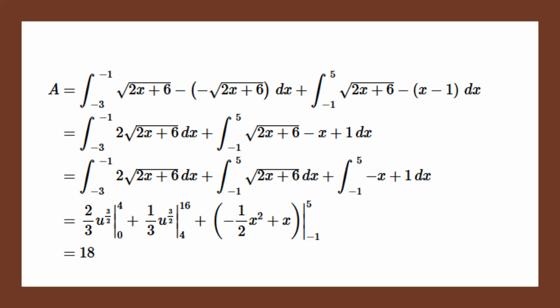So if you are integrating with respect to x, you will split this into two integrals, one between negative 3 and negative 1, the other between negative 1 and 5, and you will get the answer as 18. The same thing if you integrate with respect to y by taking g of y, f of y, with the variation for y, you'll again end up getting the same answer, 18. Whichever is convenient, you can pick.